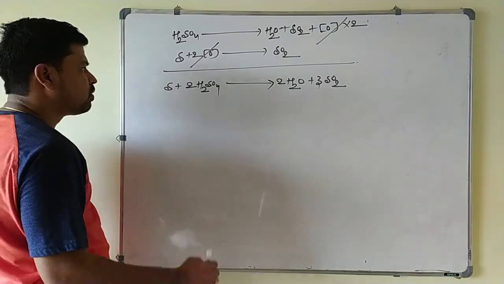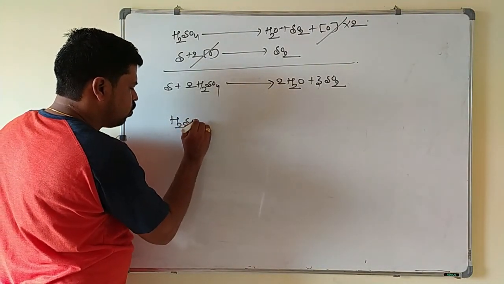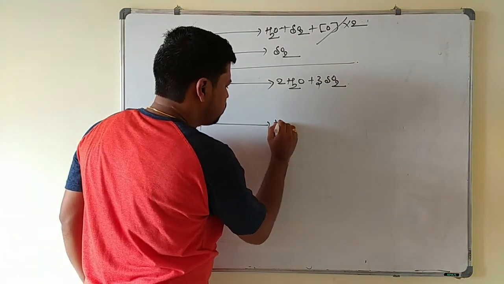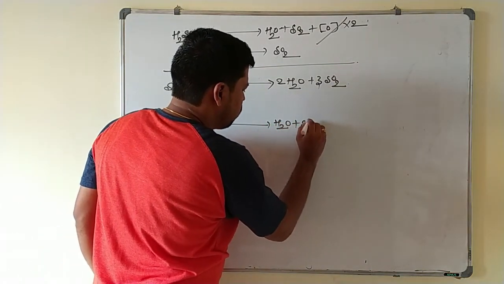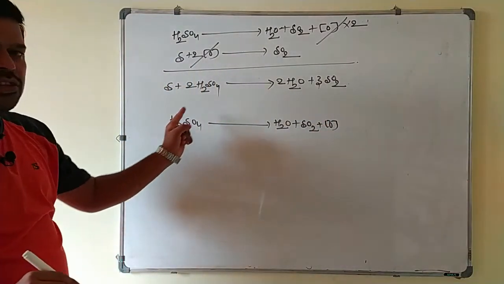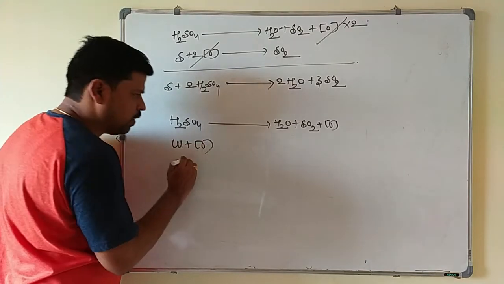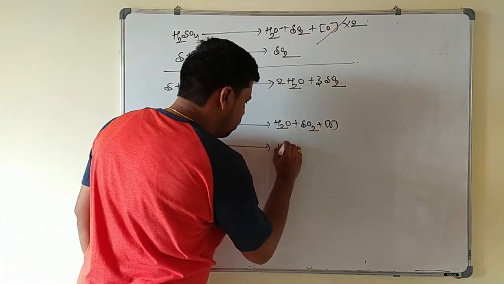Okay, next one. H2SO4 again decomposes to give H2O, SO2 and 1 nascent oxygen. Copper is oxidized to copper sulfate. This copper combines with 1 nascent oxygen forming copper oxide.